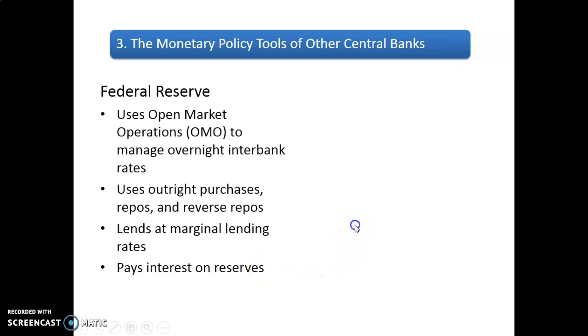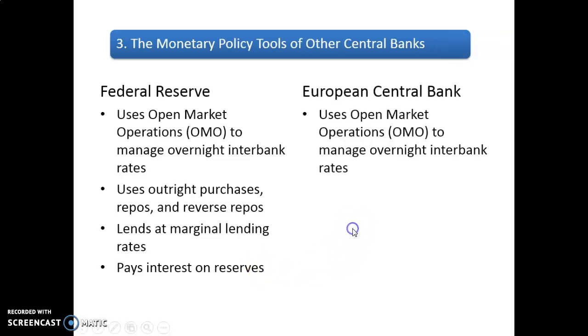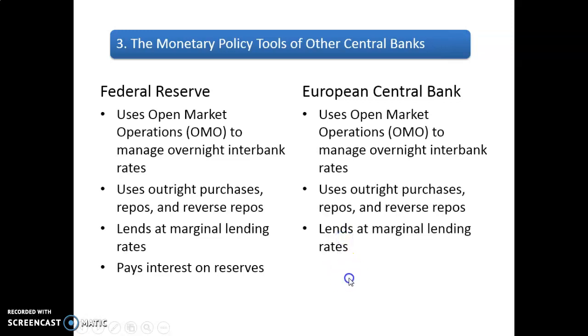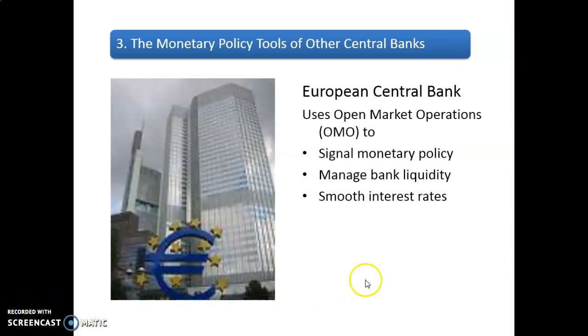The European Central Bank does much of the same thing. In fact, as we look at the comparison, it is exactly the same as what the Federal Reserve Bank does, using the same monetary policy tools. A difference is that with the Federal Reserve Bank, it's the Federal Reserve Bank of New York that does open market operations.